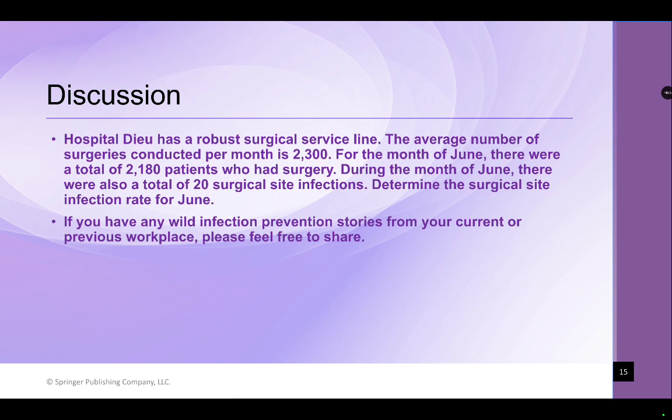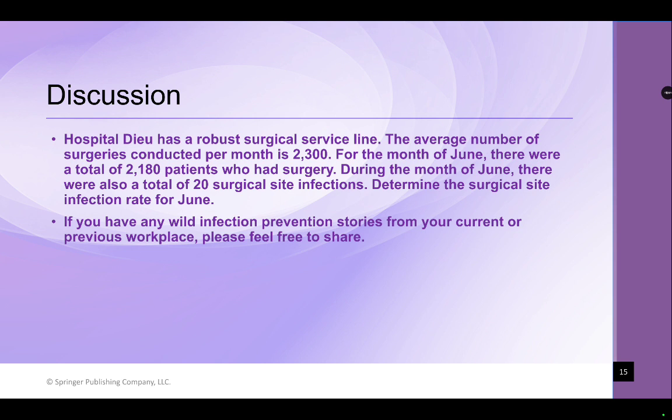And so finally, here is the end of my presentation and my discussion questions for this week. This first one, I will also admit I did steal from the book because I thought it was a really good application type question that would involve having to use one of the rate formulas I talked about during this presentation. So it reads, Hospital DU has a robust surgical service line.